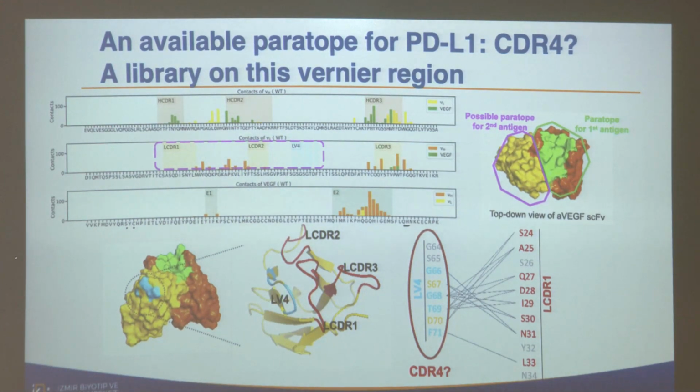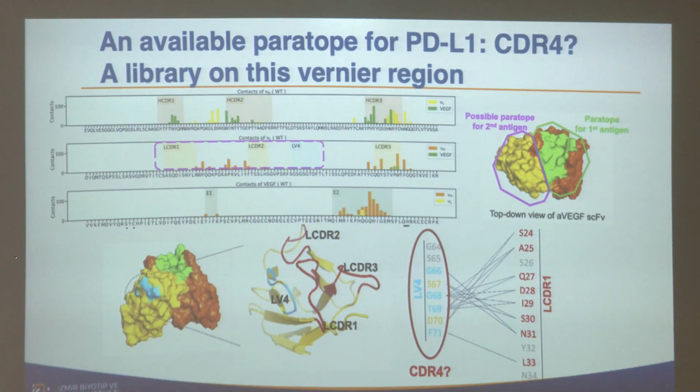Also, I put CDR4 here. This is a bit provocative, I know. There is no CDR4, but it can be a CDR4. Why? Because it is the only loop which faces the antigen site. CDR1, CDR2, CDR3 are all facing towards the antigen, and this is the only other loop.